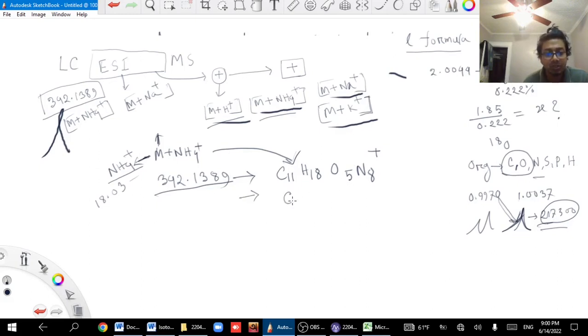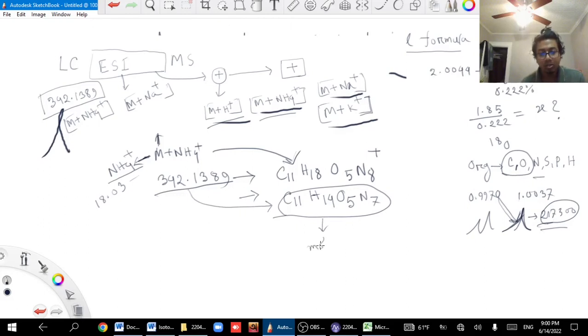From C11, the hydrogen number is 4 less, so it should be 14 hydrogen. Oxygen is the same. N8, that means I need to subtract one nitrogen here, so it is N5, right? So I got that formula here, and this is the original mass of that, 342.1389. So this is the molecular formula.